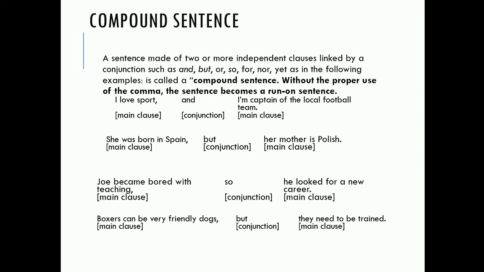Both these independent clauses have been brought together with the help of the conjunction and, thereby making a compound sentence which reads as I love sport and I'm the captain of the local football team.